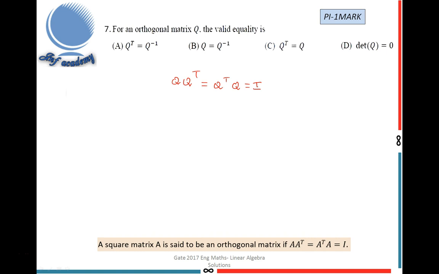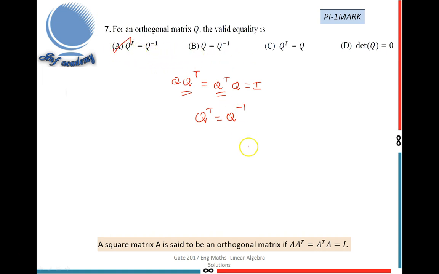Multiplying a matrix and its inverse gives I only. So here Q transpose represents the inverse matrix, that is Q inverse. So the final answer is Q transpose equal to Q inverse.